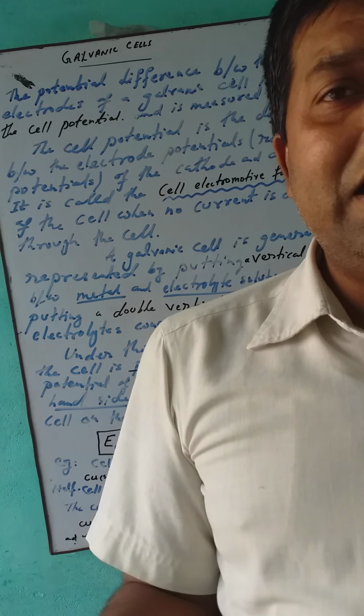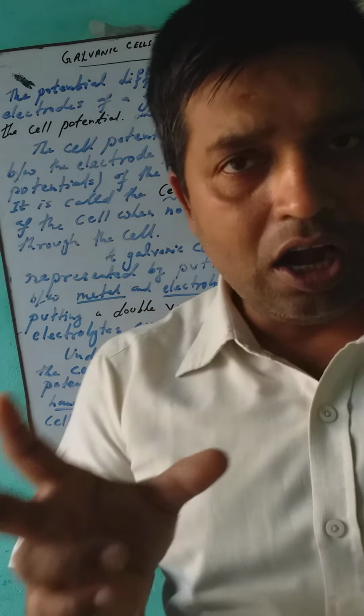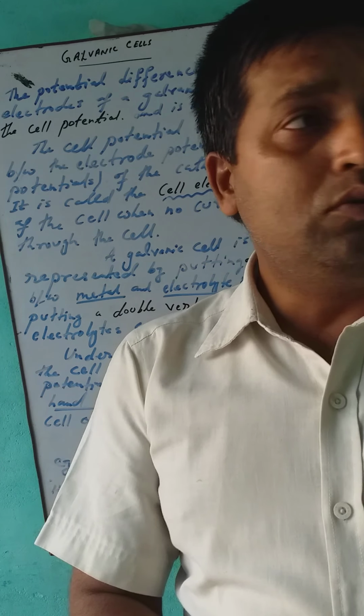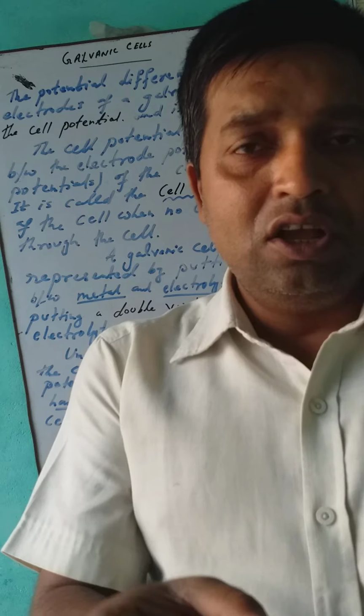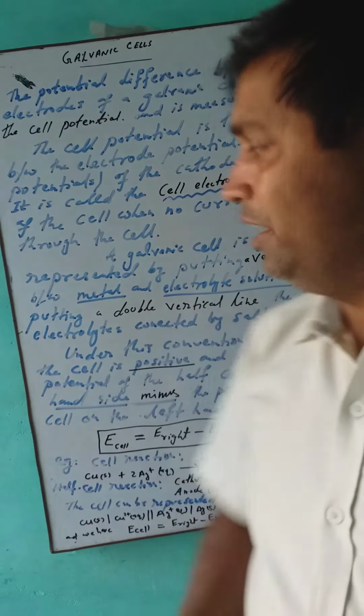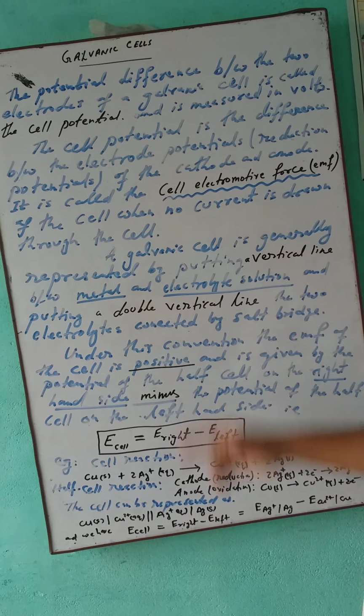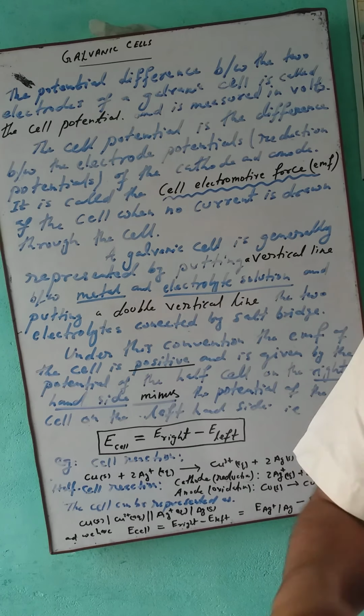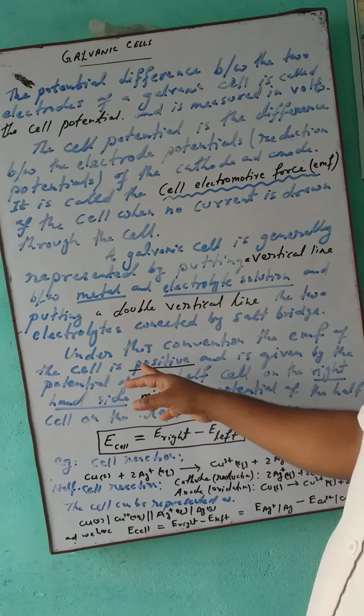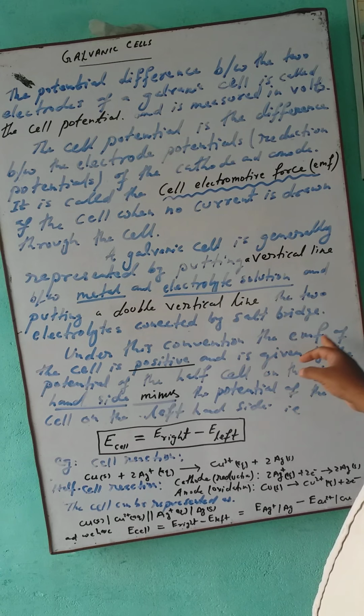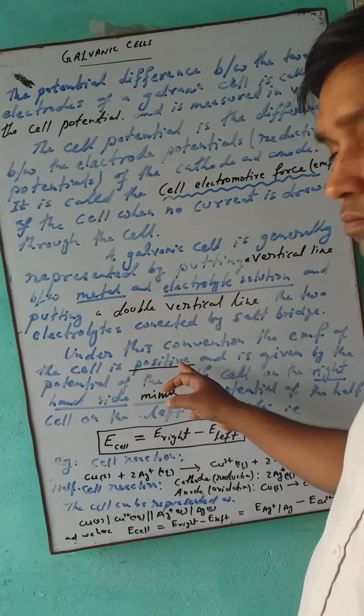As we know, in the galvanic cell a salt bridge is present. To indicate the salt bridge, we use double vertical lines. I think you understand. Under this convention, the EMF of the cell is positive.